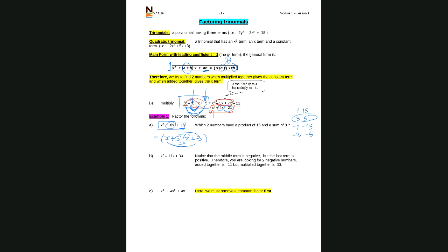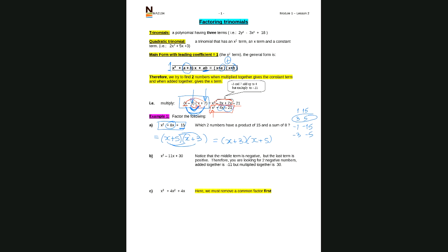Now it doesn't matter what the order is. A lot of students ask me, does it matter if the x plus 3 bracket is first? No, it doesn't. The order of a product doesn't matter, as long as, in alphabetical order, the coefficient or the constant of the term is in front. And in this case, it doesn't apply.